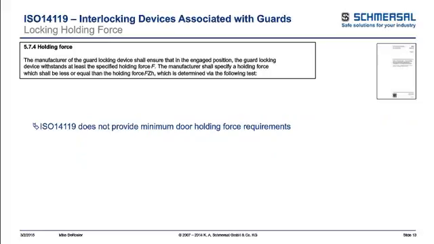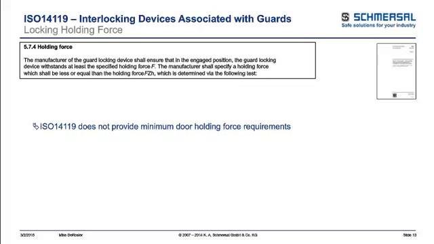Something else that the standard highlights is that sometimes you get into questions about locking, because different manufacturers, with all their different models, all have different locking, or I should say holding forces, when the switch is actually locked. What is the real holding force?